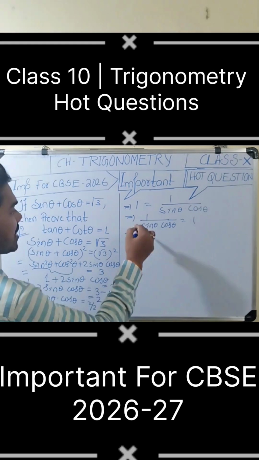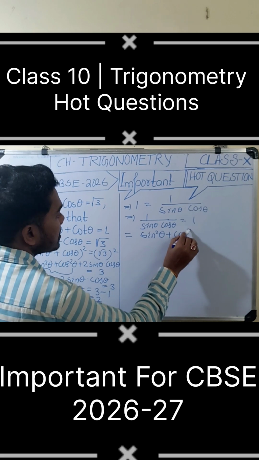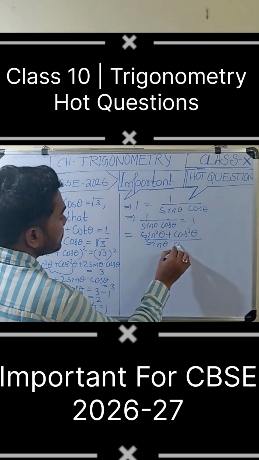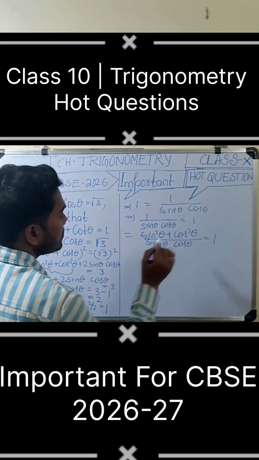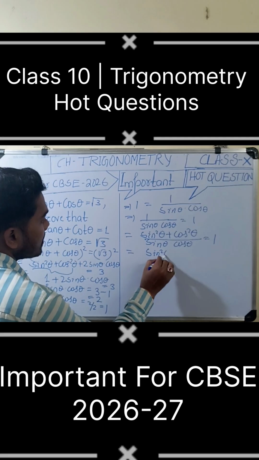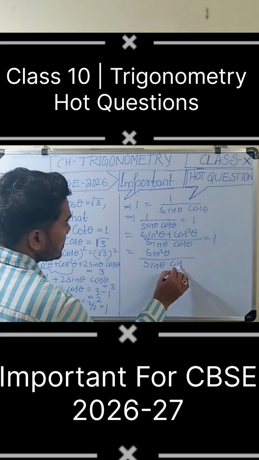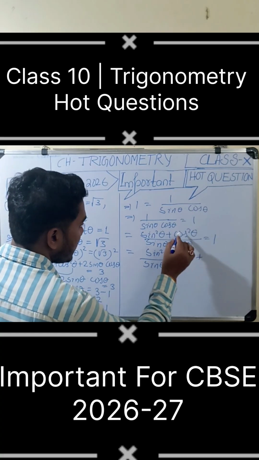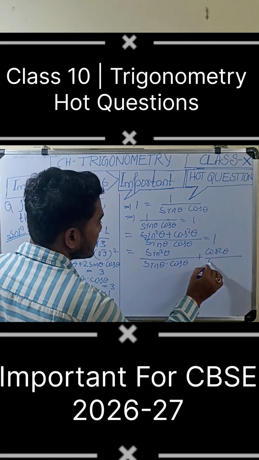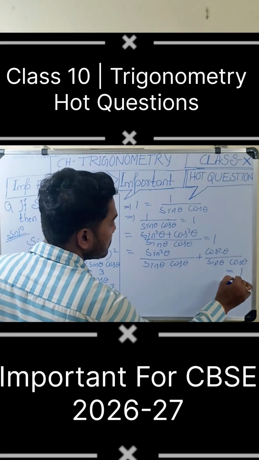So this 1, students, you can write as sin square theta plus cos square theta divided by sin theta into cos theta is equal to 1. Here you can write it as sin square theta divided by sin theta into cos theta plus cos square theta divided by sin theta into cos theta is equal to 1.